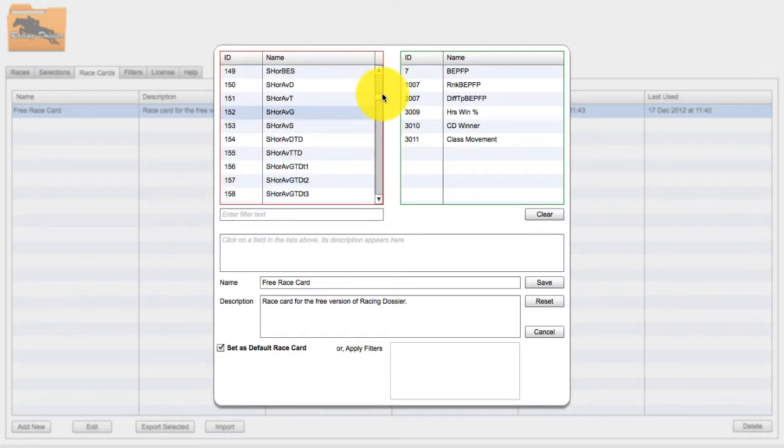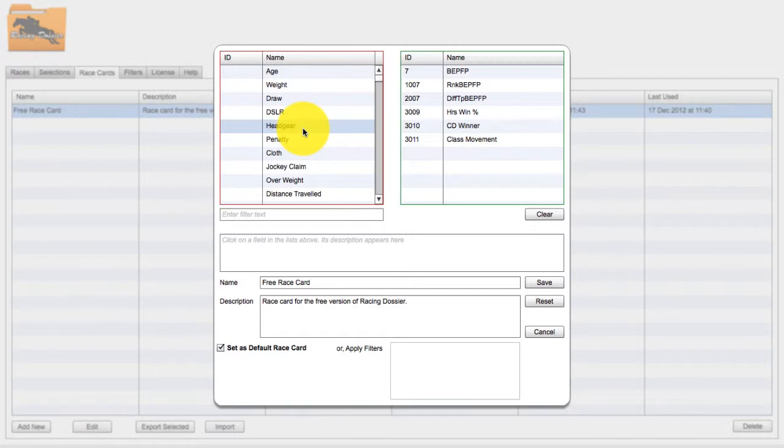These are the ratings in the full version of the software, but you'll have the more standard fields if you want to add them in. So you could add in weight or draw if you find that of use, and you can see the videos on how to do that in the support area where this video is.